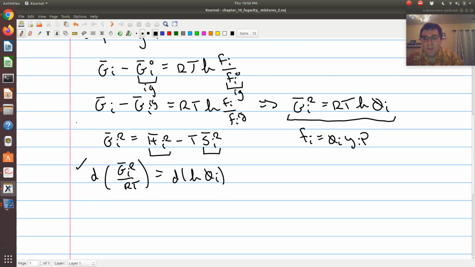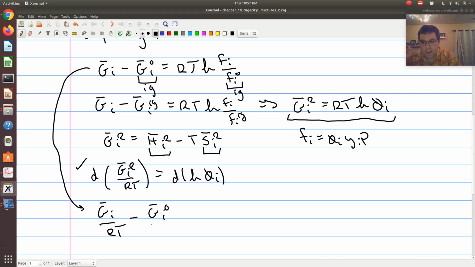The other thing I do is if I just come back up to my definition of fugacity, I'm going to divide by RT, and then I'll play with log rules. So I could rewrite this as G bar i over RT minus G bar i naught over RT is equal to log Fi minus log Fi naught.